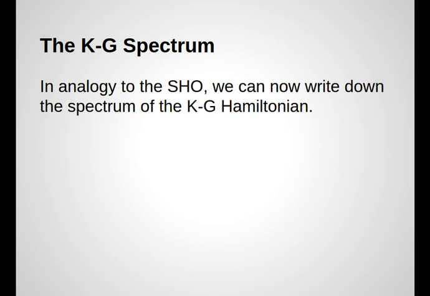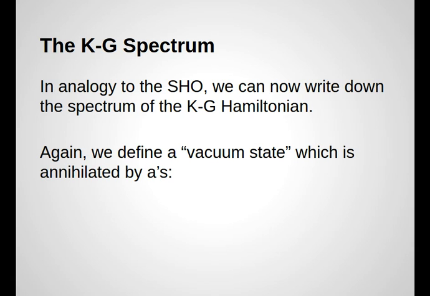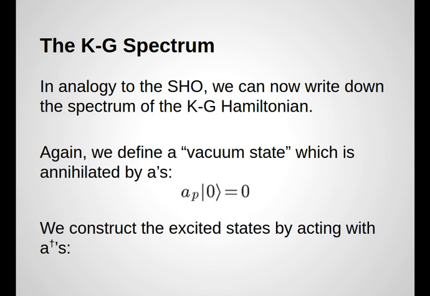We can do the same type of thing here. Again, we're going to define a vacuum state. In this case, the vacuum state is annihilated by all the A's of all the Fourier modes.